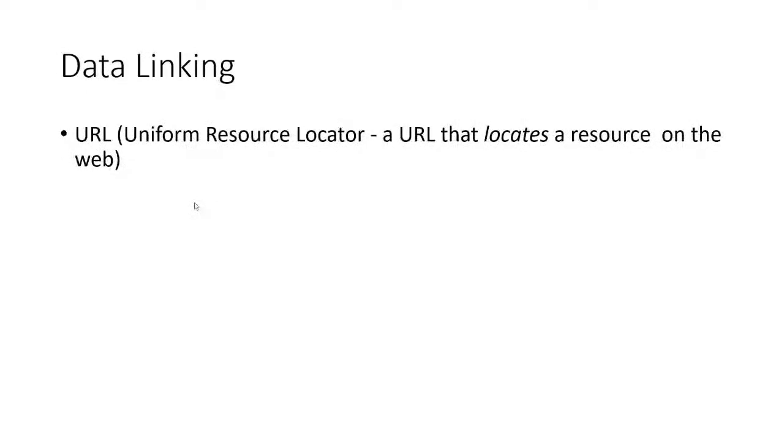So data linking, we know from our HTML documents that we have the URL, and that's a link to an external source, or an internal source from our database. That's a uniform resource locator that locates a resource on the web.